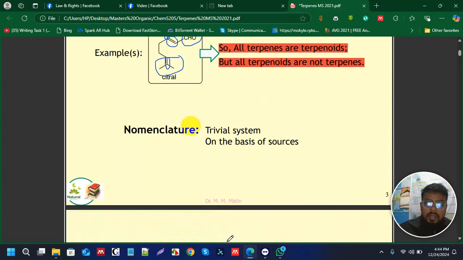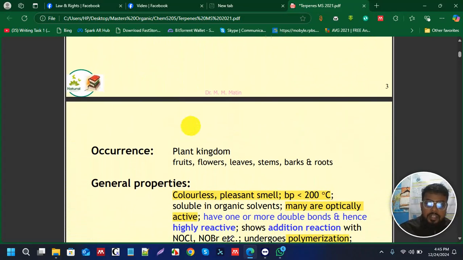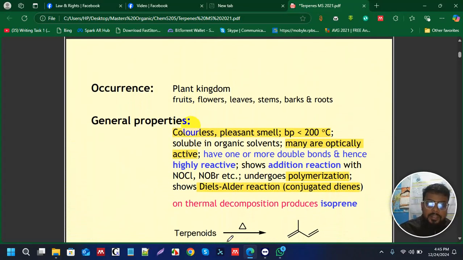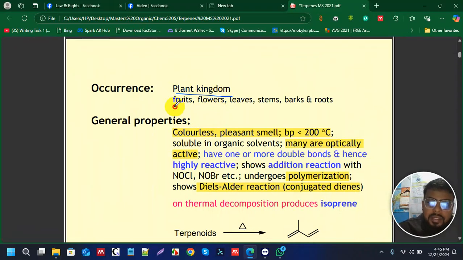If we talk about the occurrence of terpenes, they occur in the plant kingdom. We can extract terpenes from fruits, flowers, leaves, stems, barks and roots.